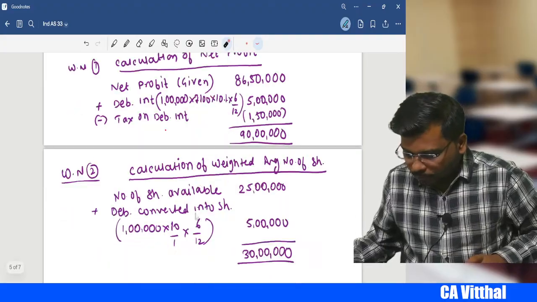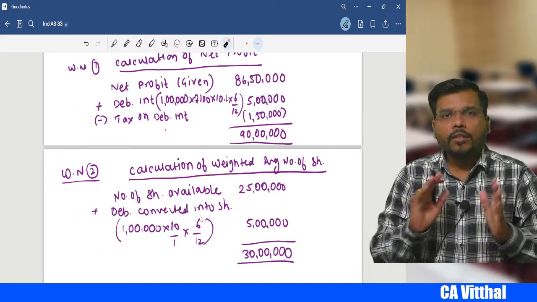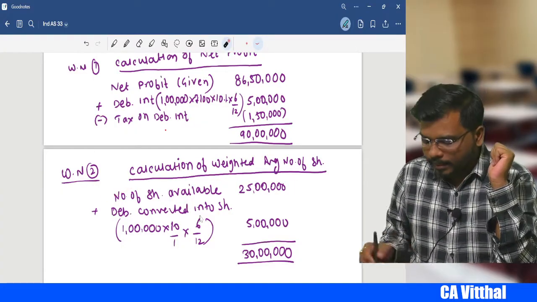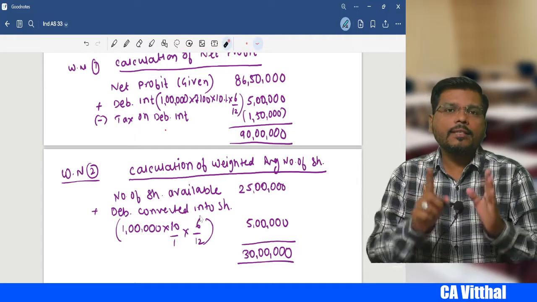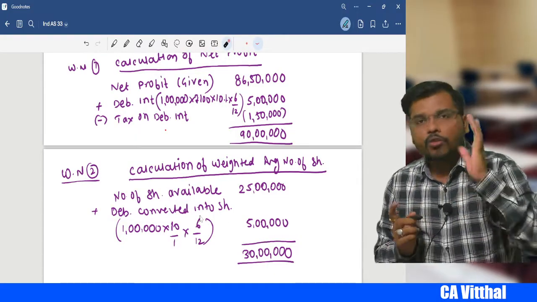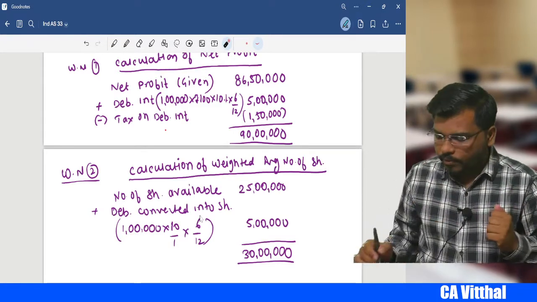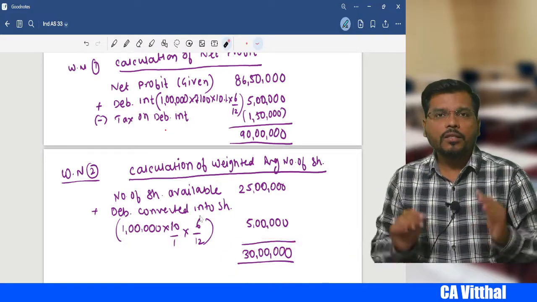Okay. Now working note number 2, calculation of weighted average number of shares. How many shares were there? First, 25 lakhs opening balance. Then how many debentures are converted into shares? We had 1 lakh debentures and the ratio was 10. So 1 lakh into 10 by 1, but now we need to apply the time factor, 6 by 12. So it is 5 lakhs. So total number of shares comes to 30 lakhs.